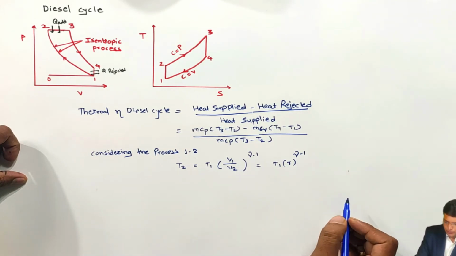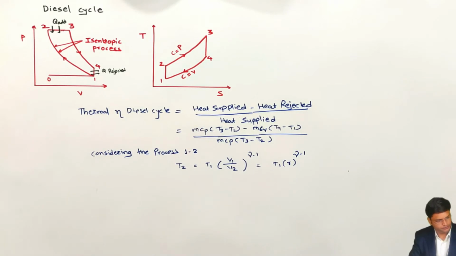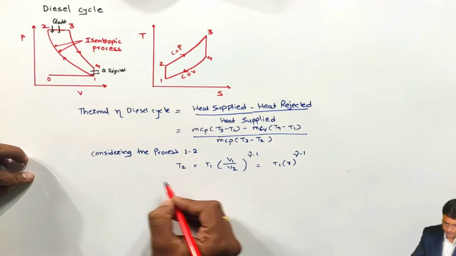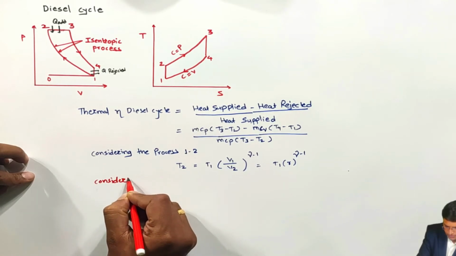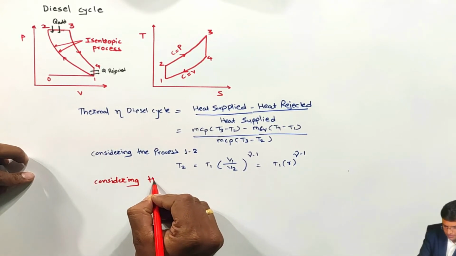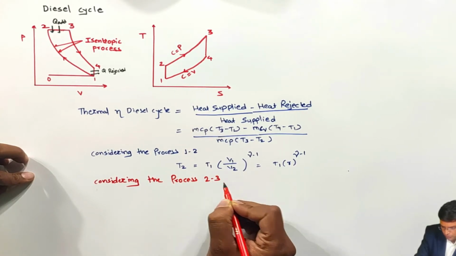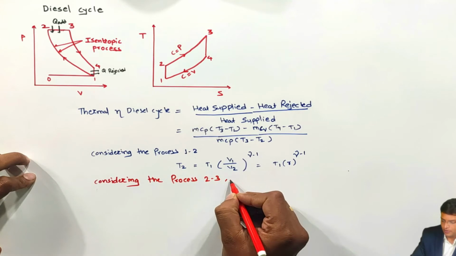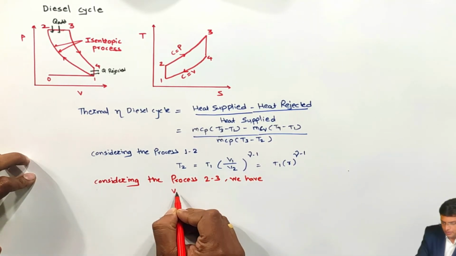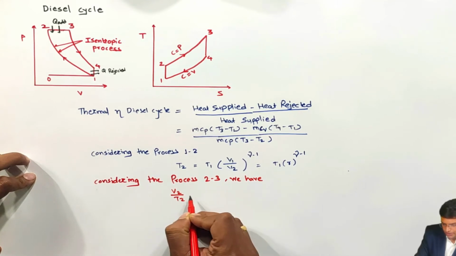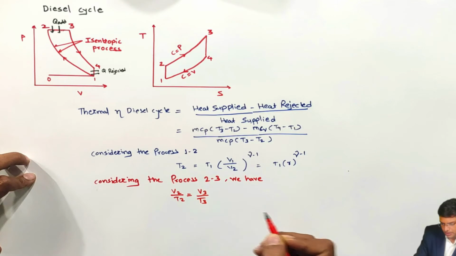Now considering the process 2 to 3, we have V2 upon T2 is equal to V3 upon T3.